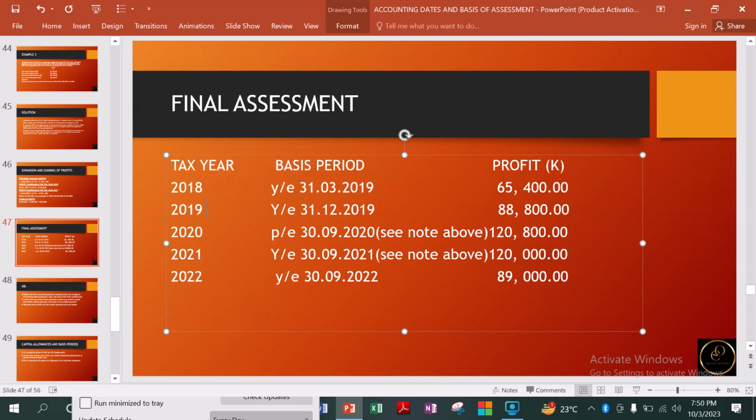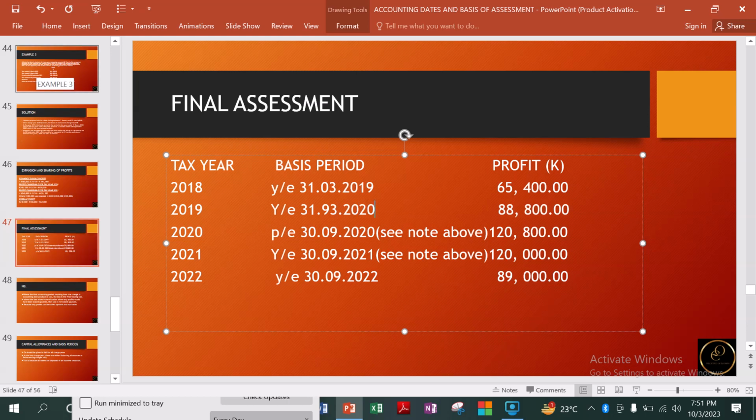Next one, again we have this one, which is the 1st March 2020.